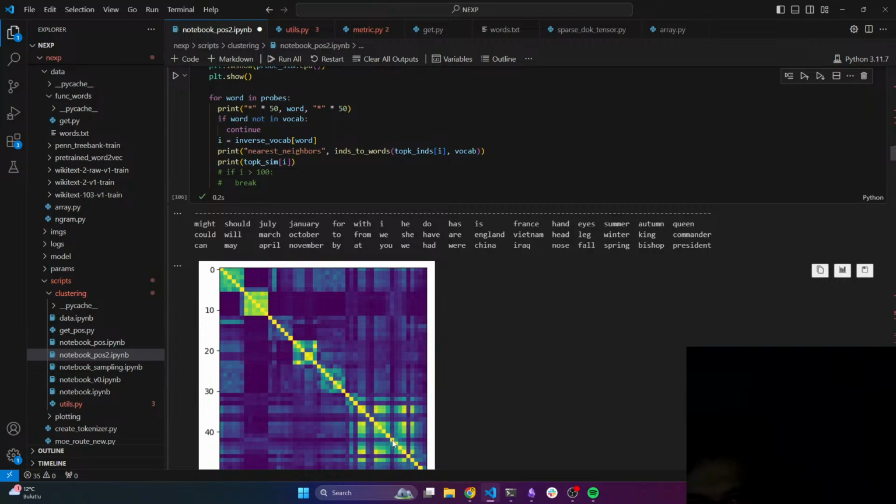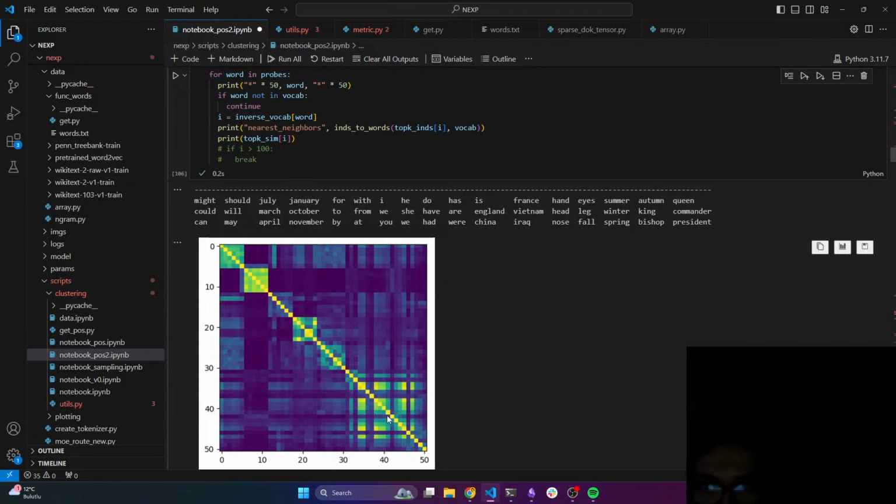And then fall is not similar to anything, but I would expect it to be similar to at least, or maybe this is this leg. I cannot count. Okay. So England, China, France. Vietnam, Iraq. Hand. Head. And then nose, eyes, leg. Fall.